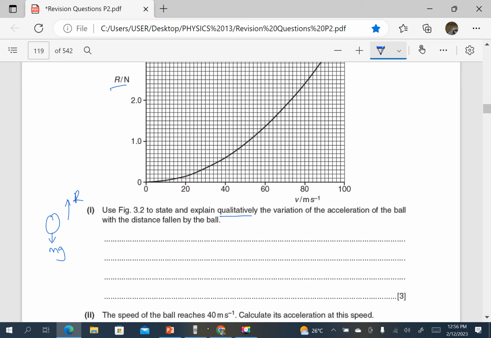So the resultant force is equal to the weight minus R, and R increases with velocity.